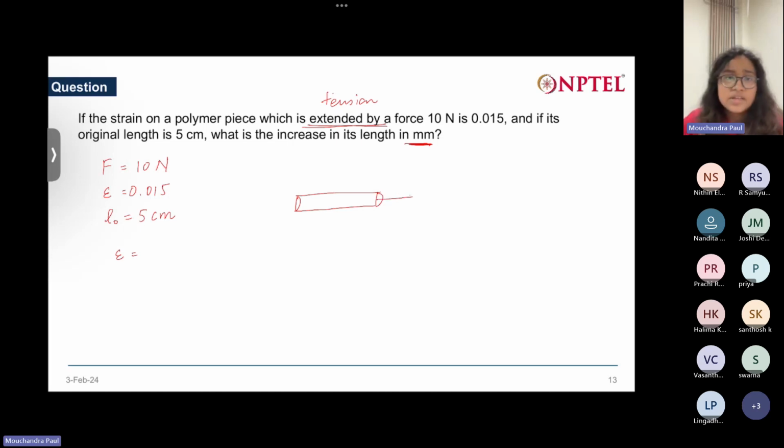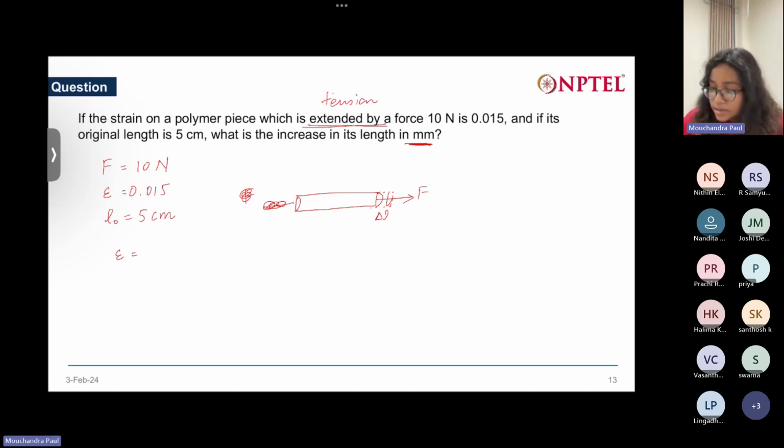They have not given x, y, z direction, so I'm arbitrarily drawing, say, in the x direction, and say the force is there on both sides. For convenience you can just remove one side, only on one face the force is applied. Then you have to calculate what is this delta L in this case.